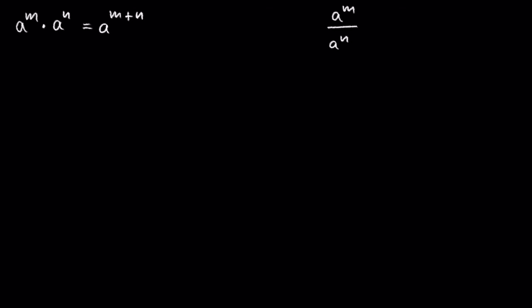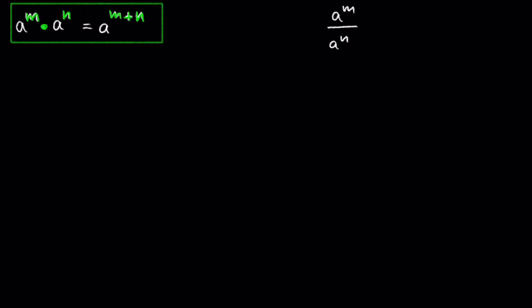In other words, the base a with the exponent m multiplied with the same base a with the exponent n is the same as the base a with the exponent m plus n. When multiplying exponents with the same base, we keep the same base and add the exponents together.